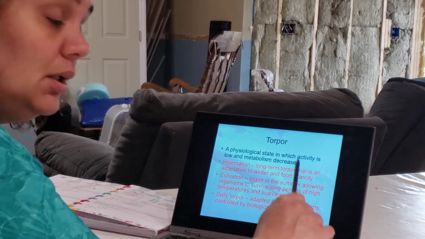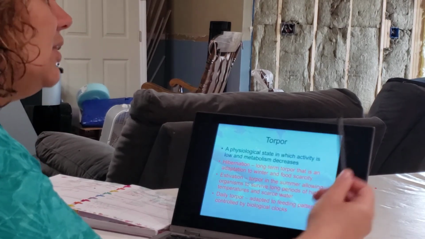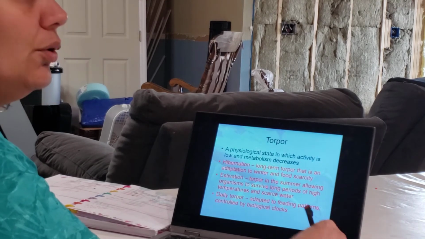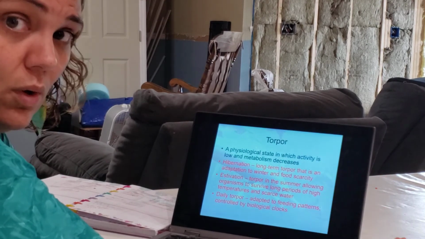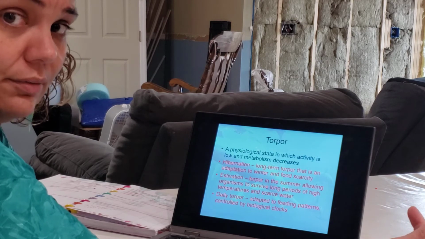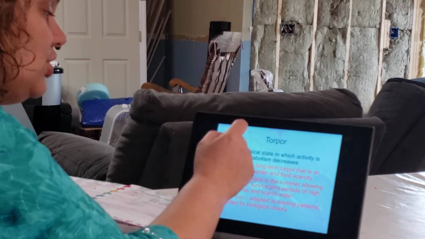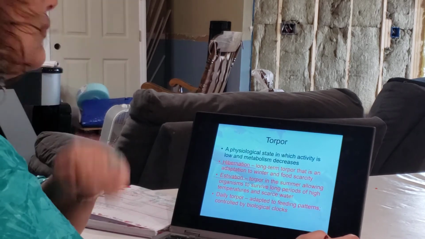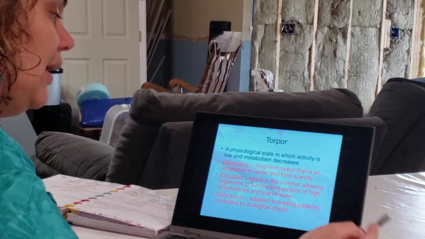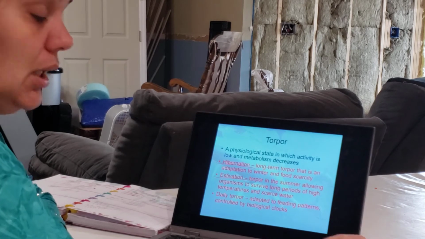Torpor in the summer, allowing organisms to survive long periods of high temperature and scarce water. You're not having a problem finding food, you've got a problem finding water. It's too hot and you're not finding water, right? So that's estivation. Hibernation, cold. Estivation, hot. Daily torpor, adapted to feeding patterns, and it's controlled by biological clocks.